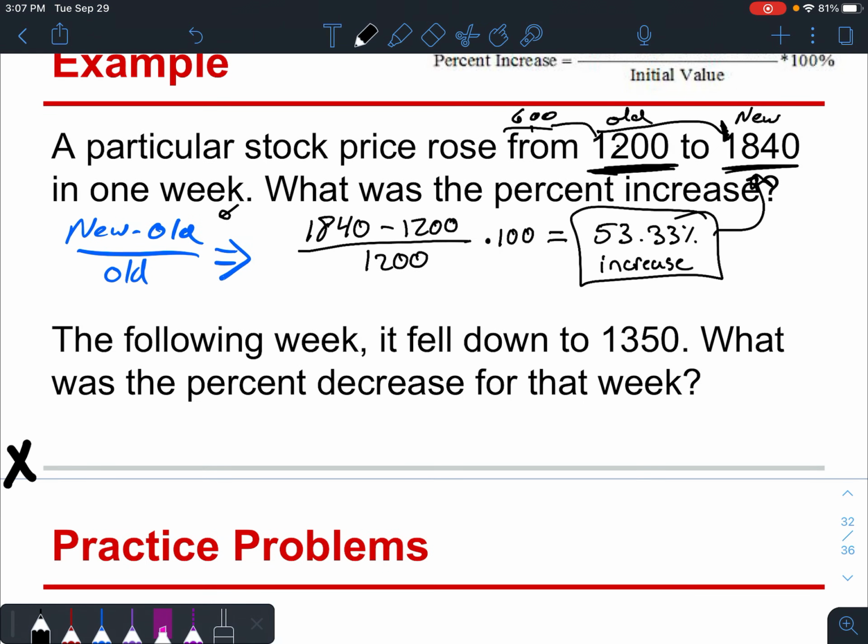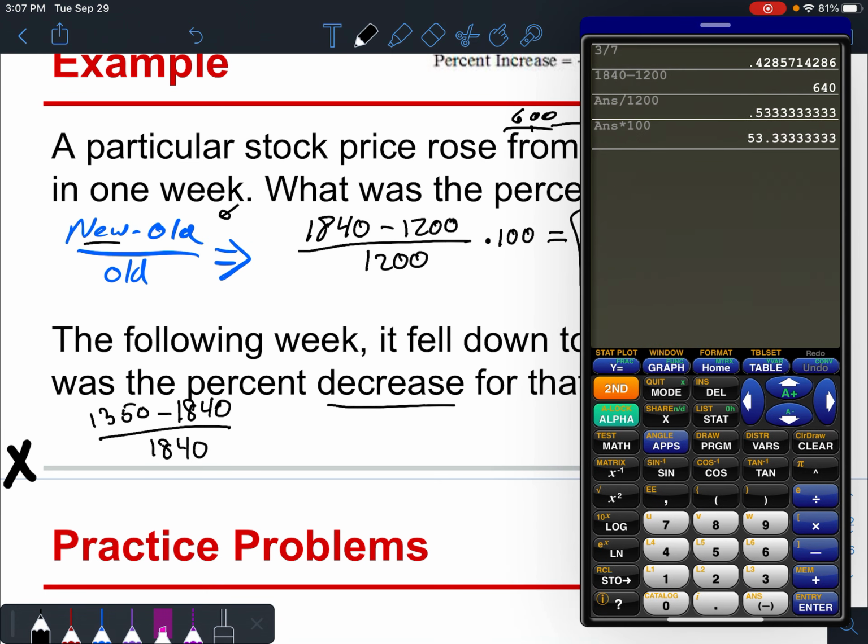Now, the following week, it fell down to 1,350. What was the percent decrease for that week? Now, the new number is going to be 1,350, and our old number in this situation is going to be that 1,840. So we're going to crunch the numbers here: 1,350 minus 1,840, divided by 1,840.